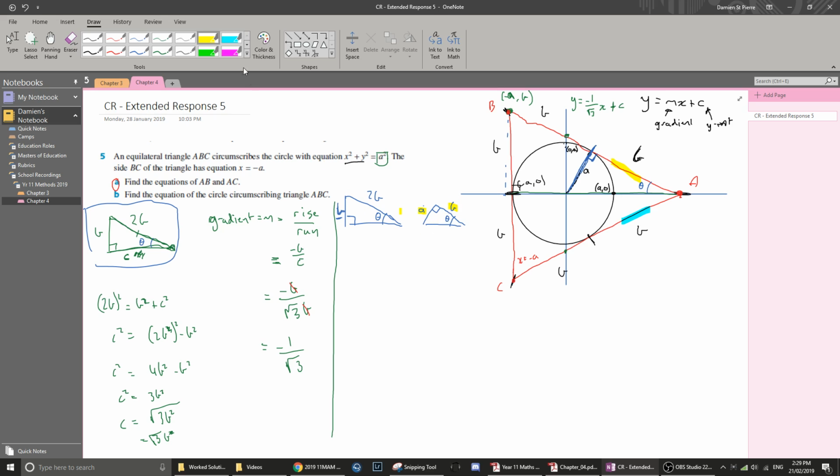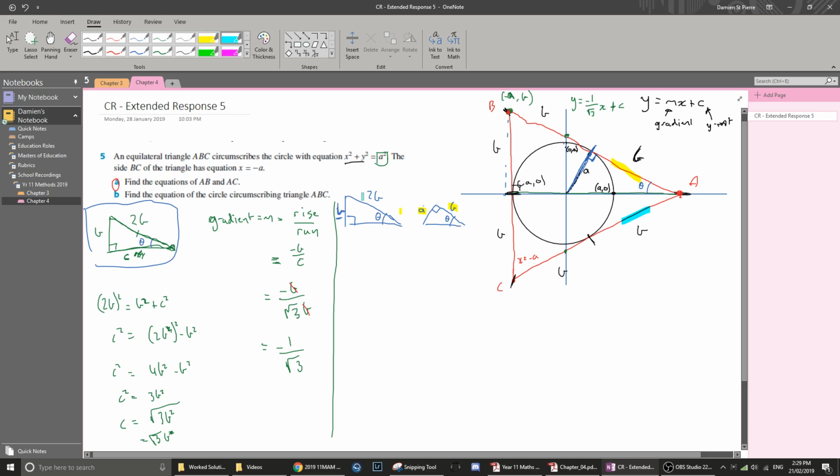So short side divided by long side is going to be the same as short side divided by long side. I'm going to use that to find out what B is in terms of A. So let's do short side divided by long side for this triangle is equal to short side divided by long side.